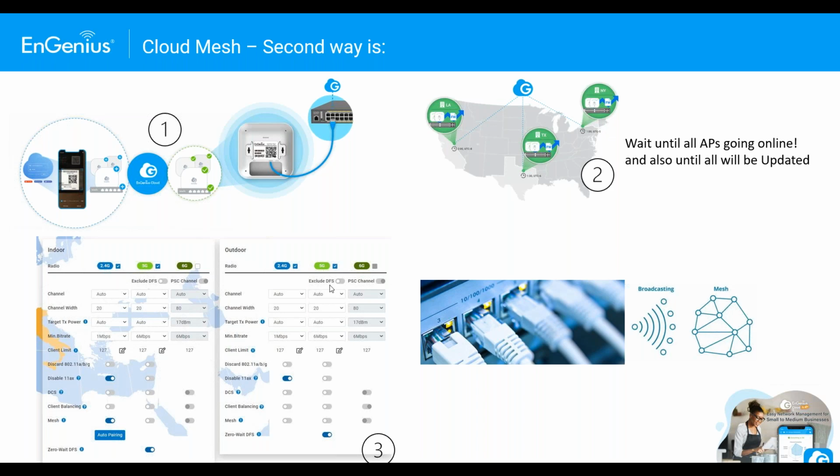So indoor and outdoor can be done simultaneously. And when you press mesh apply, because all access points are connected by cable, there's no need to do the auto pairing. The mesh will be immediately injected into the access points.